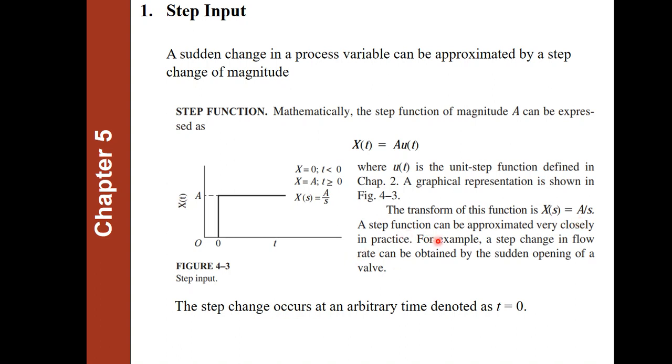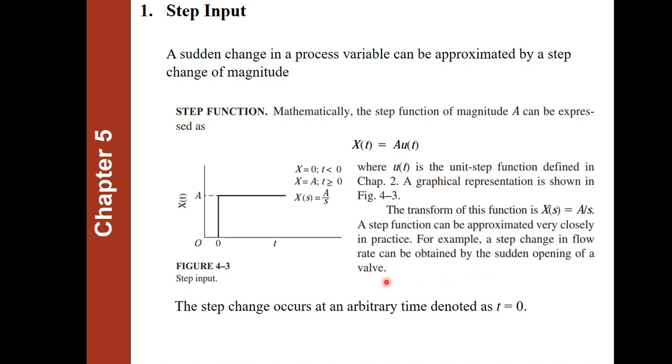A step function can be approximated very closely in practice. Another example cited here is a step change in the flow rate, which can be obtained by suddenly opening a valve. Or if you suddenly close a valve, there's also a sudden and sustained change in the particular variable.